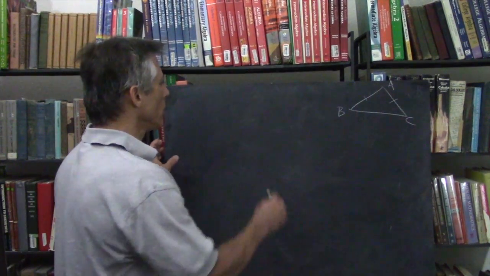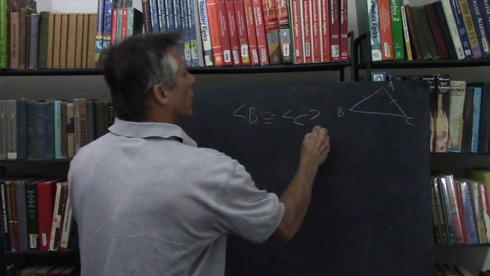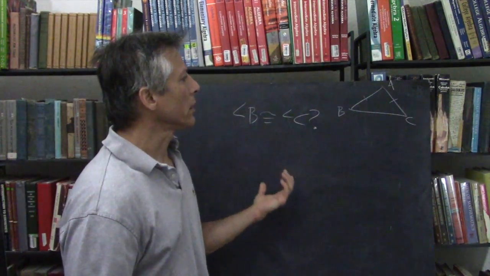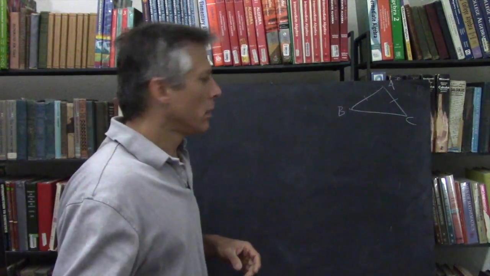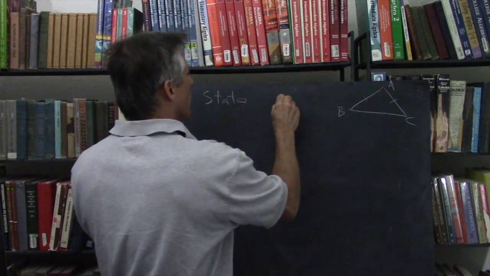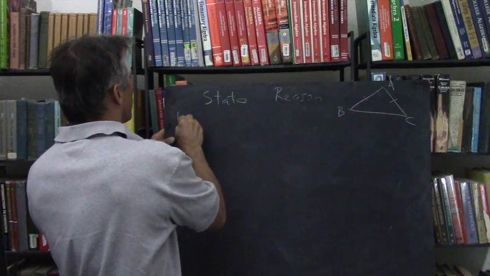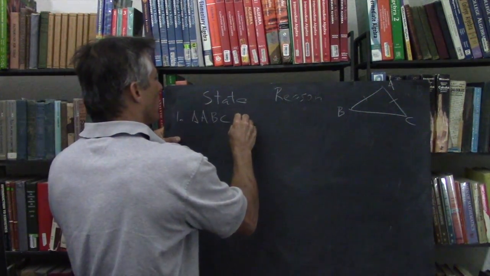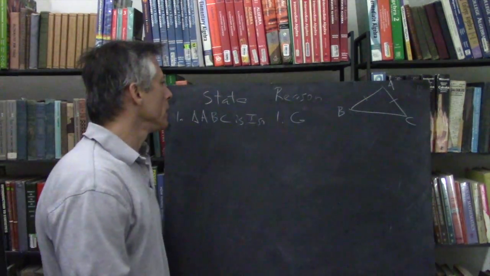So we want to try to show B congruent to C. We want to see if we can make that conclusion based on the fact that it's a triangle with two equal sides. So we can say, first of all, triangle ABC is isosceles.